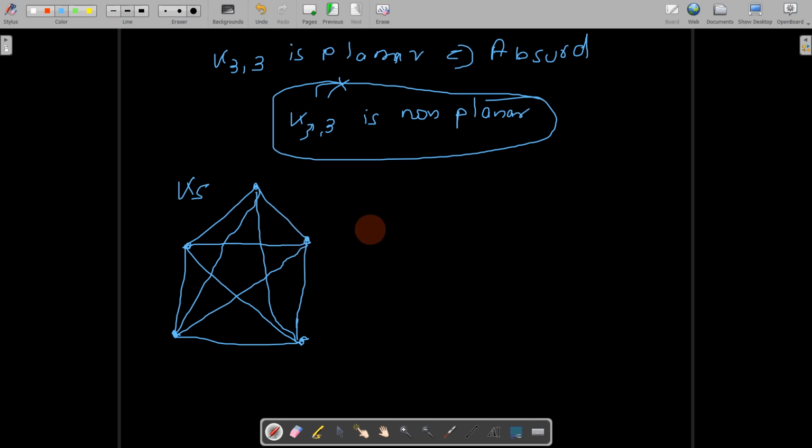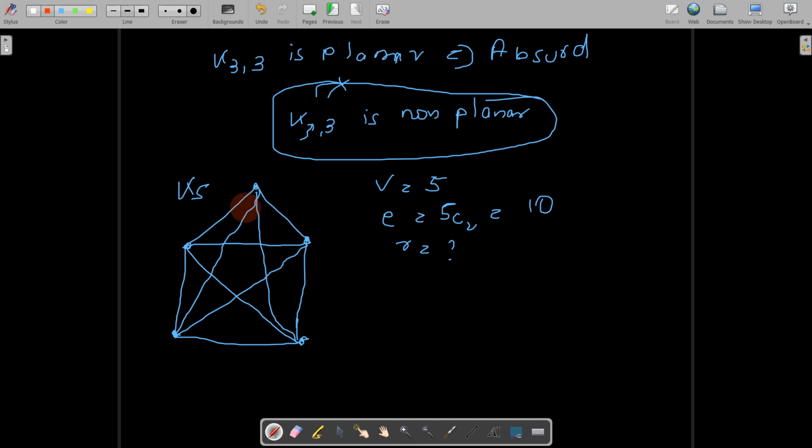How many vertices do we have here? Vertices is 5. How many edges? Because it's a complete graph, that would be 5 choose 2, which is 10. And what about the regions? We don't know the regions. So again we will substitute the value of r in terms of v and e.